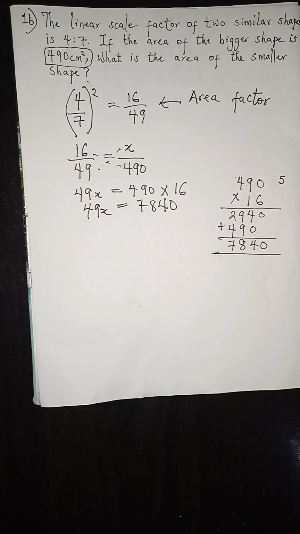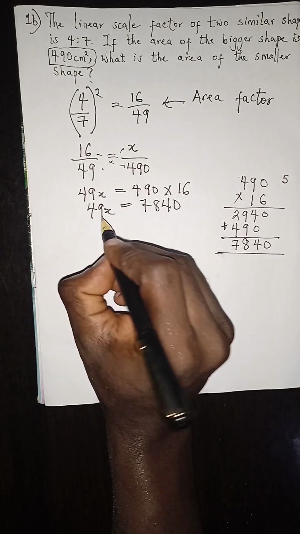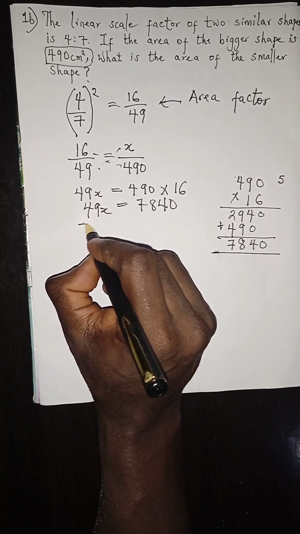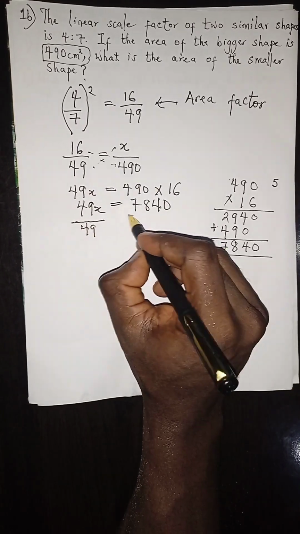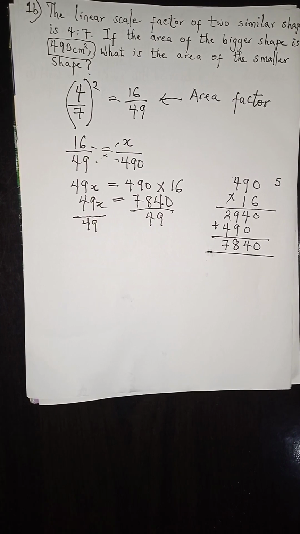So 49x equals 7840. Then the next thing we do is to get the value of the unknown, which is x. So we divide through by 49, and then we have that.